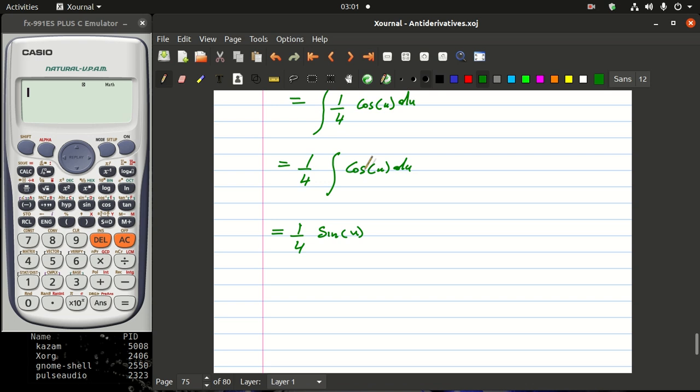Plus a constant of integration. Then I have to replace u back: 1 over 4 sine of x to the power 4 plus 2, plus the constant of integration. That's how easy this is.